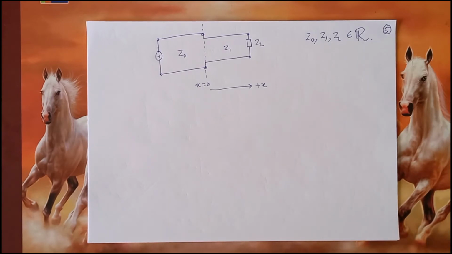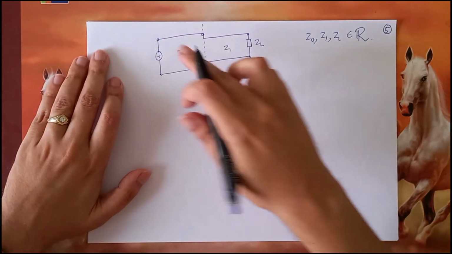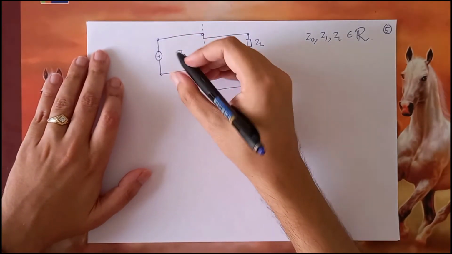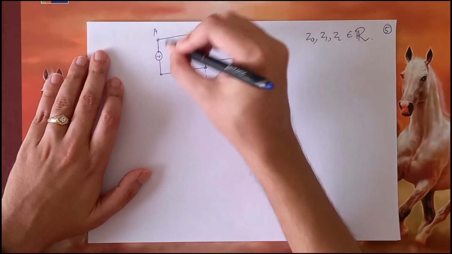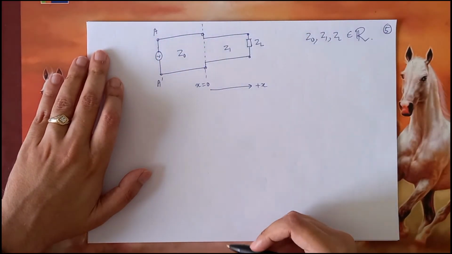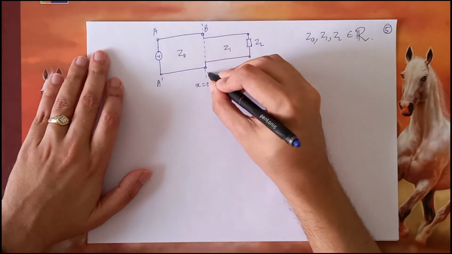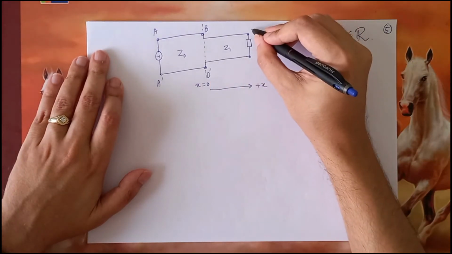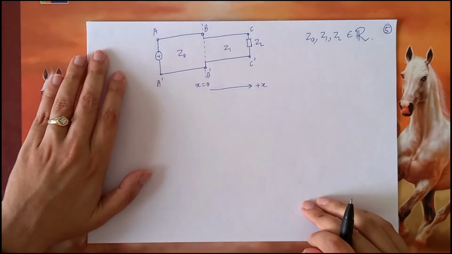Now, let us do the transient analysis of this arrangement. Let us call this point AA prime, this point BB prime, and this point CC prime.